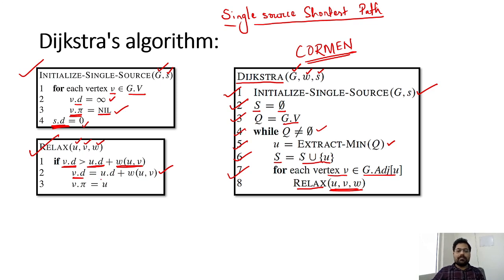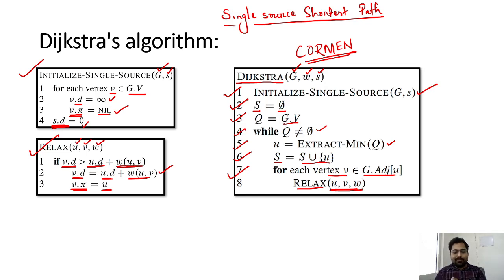The distance will be updated as the distance of the source plus the cost or weight assigned to that edge connected to the two vertices, and we set u as its predecessor.